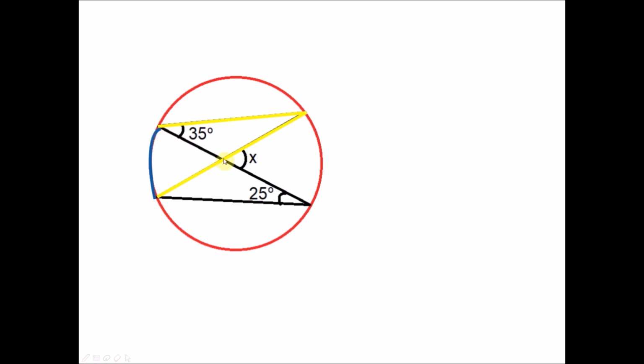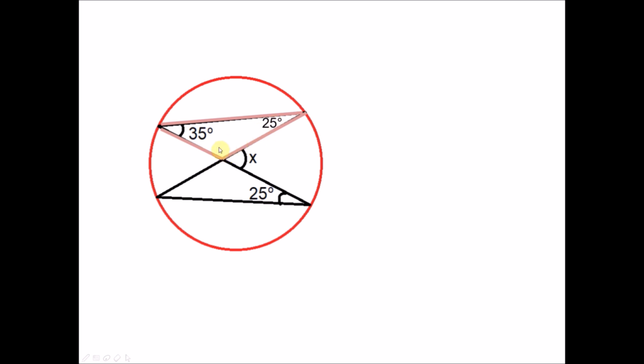Hence, we can say that this angle is equal to this angle. So this angle is also 25 because this angle and this angle are subtended by the same blue colored arc. Now we look at this pink triangle. We learned before that the total angles in a triangle is 180.